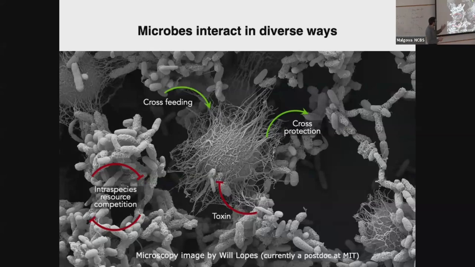And they can also cross-protect each other. For example, you can have a bacterium that is susceptible to an antibiotic, but you can have a second species that is resistant to the antibiotic. And the way to be resistant could be to secrete something that deactivates the antibiotic.